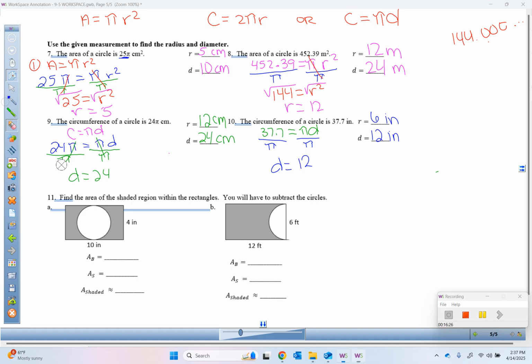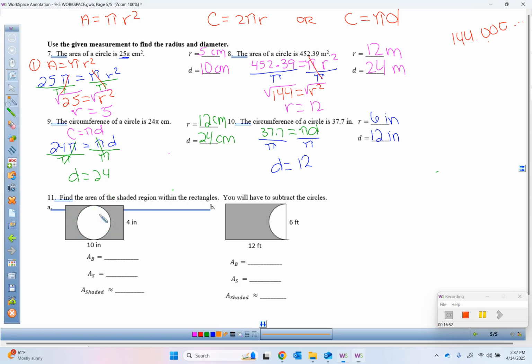All right, doing good. Just a little bit left. Now we're going to find the area of the shaded region. Shaded region meaning this part. The way we can do that is we can find the area of the whole thing, and then we can find the area of just the circle.